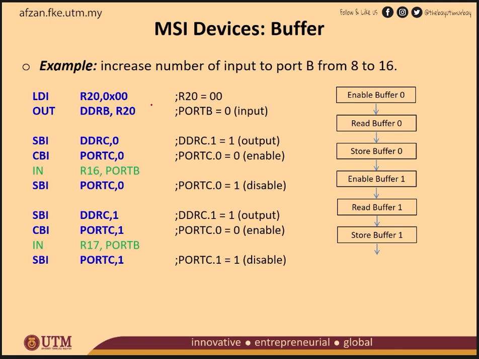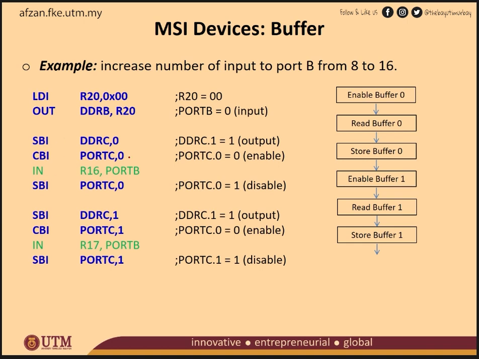The first thing first, you initialize your port B as an input port. After you initialize, now you're going to initialize your DDRC so that your DDRC becomes output.